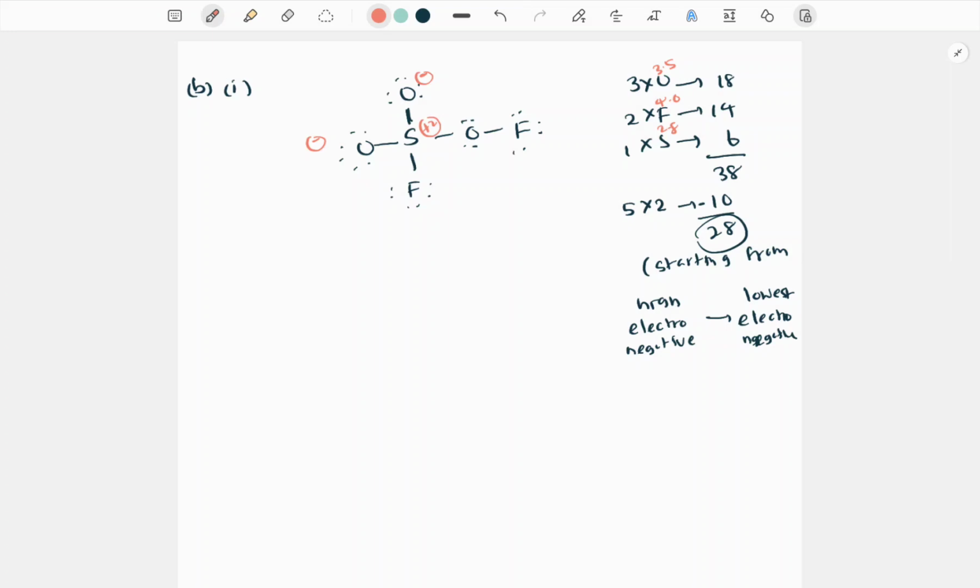Now, is this a stable Lewis structure? Because there is a formal charge distribution. Now, we are looking for whether it can be minimized or taken back to 0. A formal charge distribution of 0 will be the most stable one.